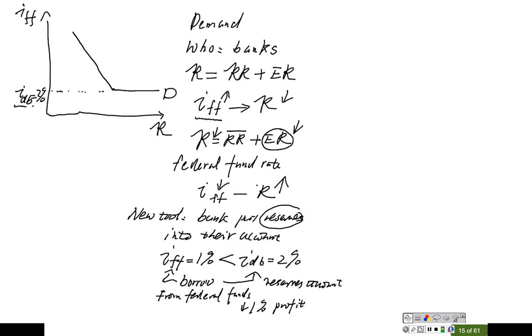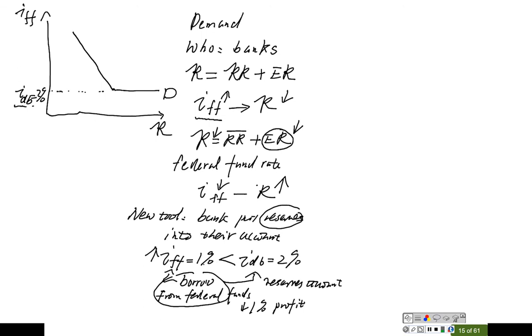So if the bank can do something like this, every bank in the market will do something like this. So every bank will try to borrow money from the federal funds market. And you can imagine, because every bank tries to borrow money from the federal funds market, it will drive up the federal funds rate.